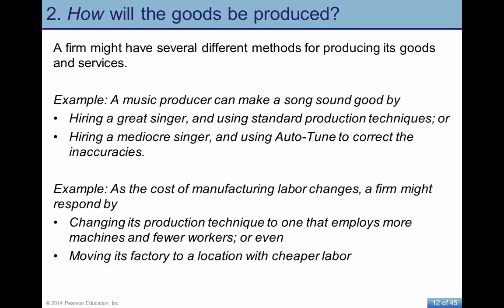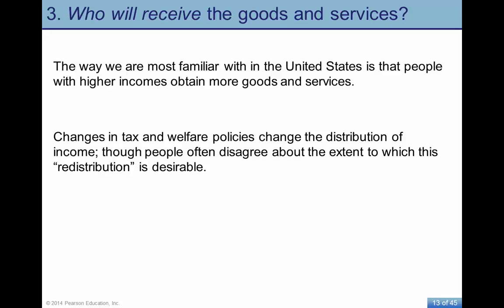As the cost of manufacturing labor changes, a firm might respond by changing its production technique to one that employs more machines and fewer workers, or even moving its factory to a location with cheaper labor.